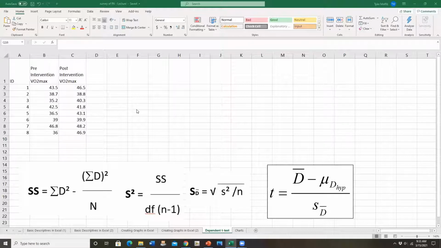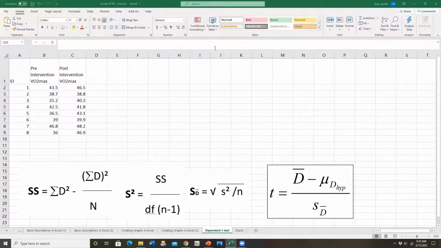We're seeing if there is a statistical difference between pre and post intervention. So is there a difference in these individuals now that we've performed this intervention on them?